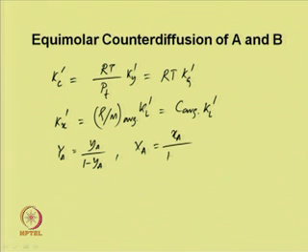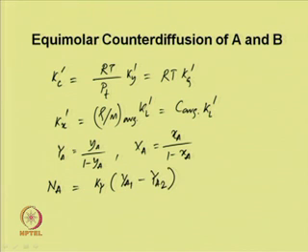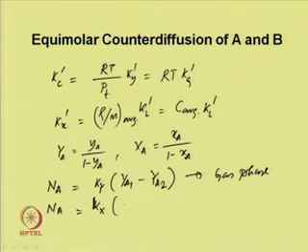If we define it this way, the flux equation Na we can write as K capital Y (Ya1 minus Ya2) for the gas phase, and flux Na is equal to Kx capital X (Xa1 minus Xa2) for the liquid phase.